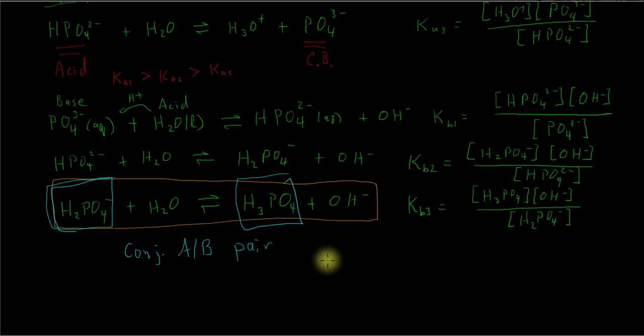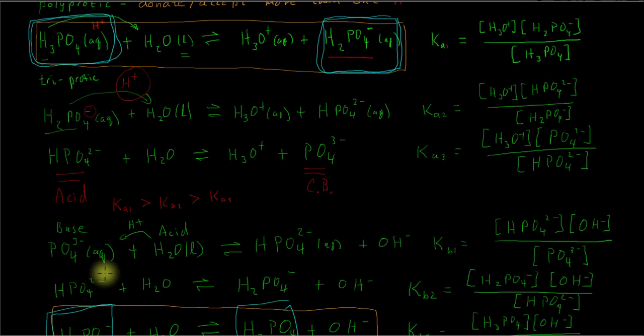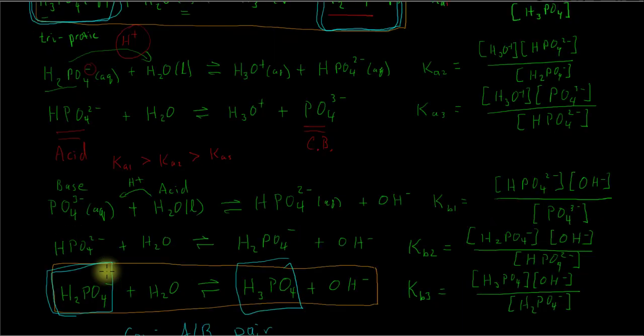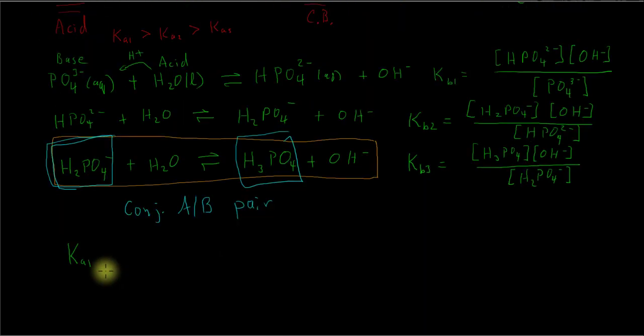So if we think about the equilibrium constants for these reactions, we discover something that's kind of interesting. If you take the Ka1 from our top reaction up here, the one that I put in the box at the top, that Ka1 expression, and we were to multiply that by the Kb3, what would we get?